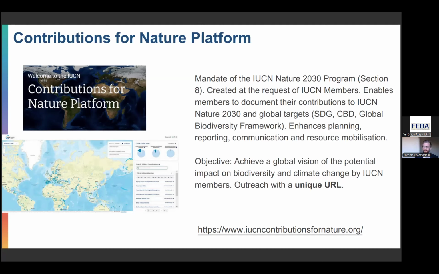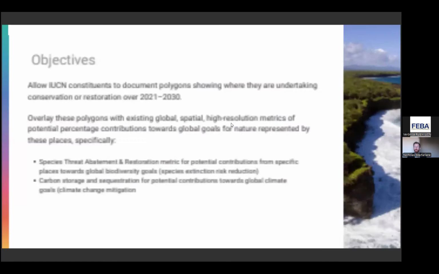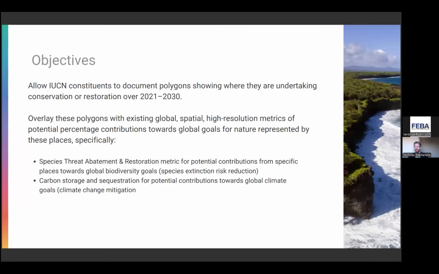Next slide, please. The core of the platform is a spatial one. The way that constituents interact with it are through maps, places where they're conducting conservation or restoration efforts. We also had a temporal dimension pinned to the Nature 2030 program.